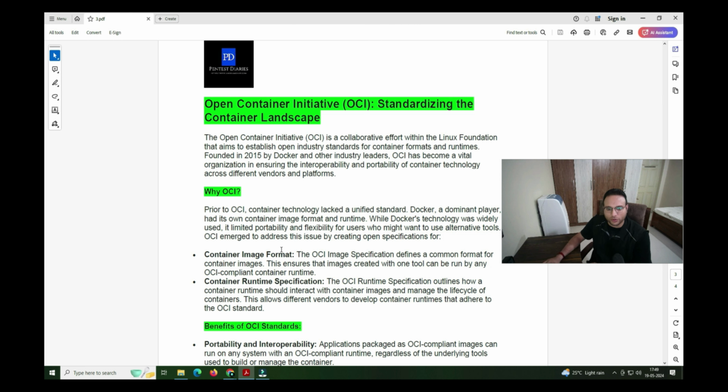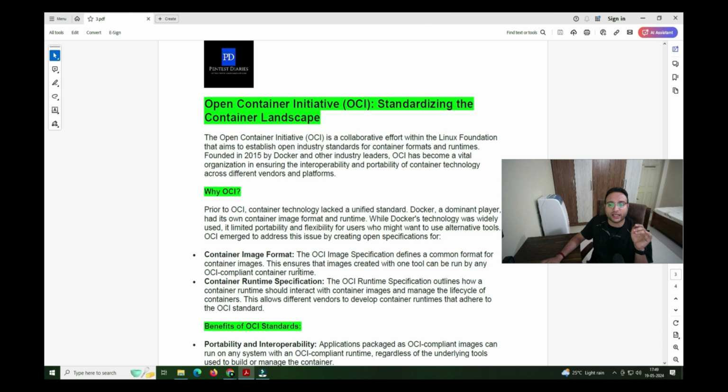OCI emerged to address this issue by creating an open specification. The container image format is defined by the OCI, and also the container runtime specification. These two things are defined by the OCI. The OCI image specification defines a common format for container images.